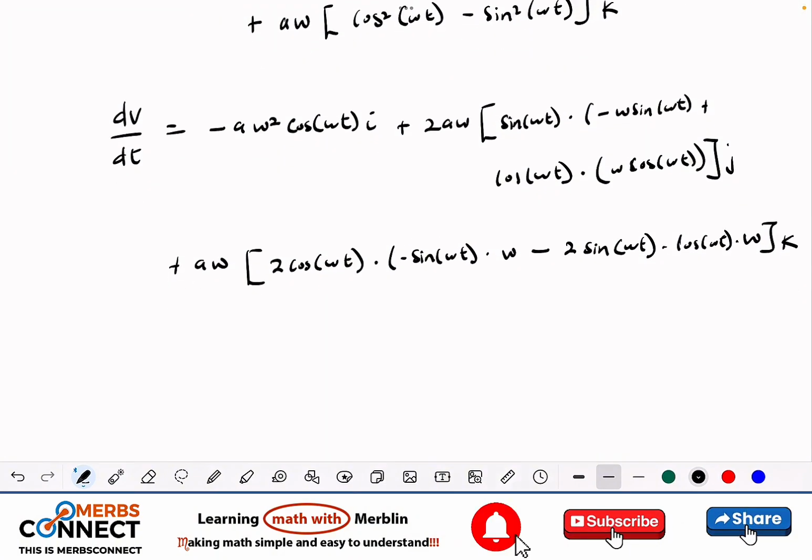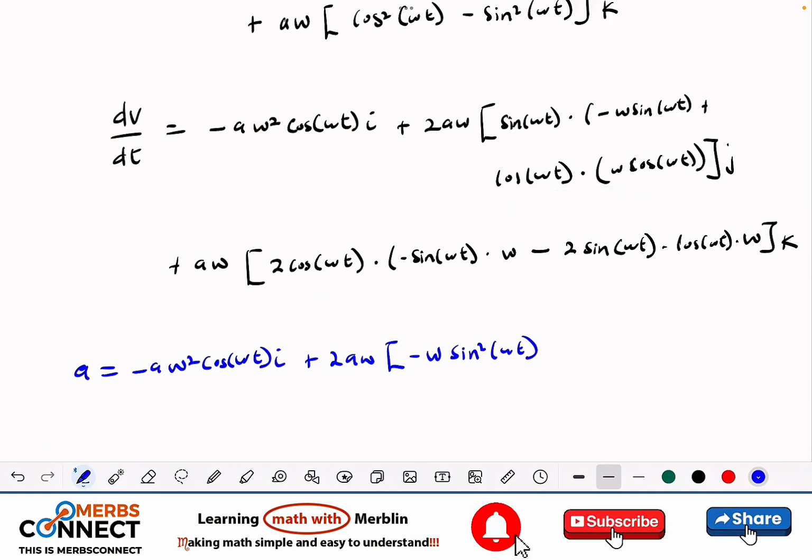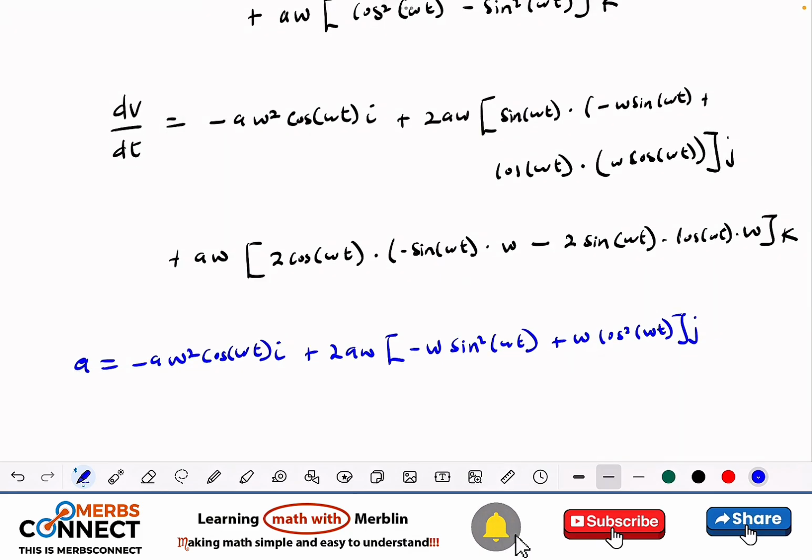So let's simplify. I'm going to have my acceleration equal to minus a omega squared cos omega t i. Then when I multiply this one through, I'm going to have plus 2 omega, this is going to give us minus omega sine squared omega t. Then when I multiply this one through, I'm going to have plus omega cos squared omega t j.